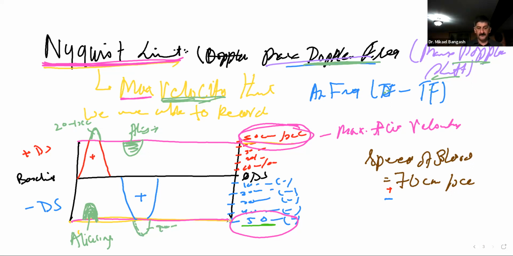Because our limit was 50 centimeters, but the speed at which the blood was flowing was, let's say, 20 centimeters more. This part, which couldn't be recorded here on the negative side, is going to be shown on the positive side.